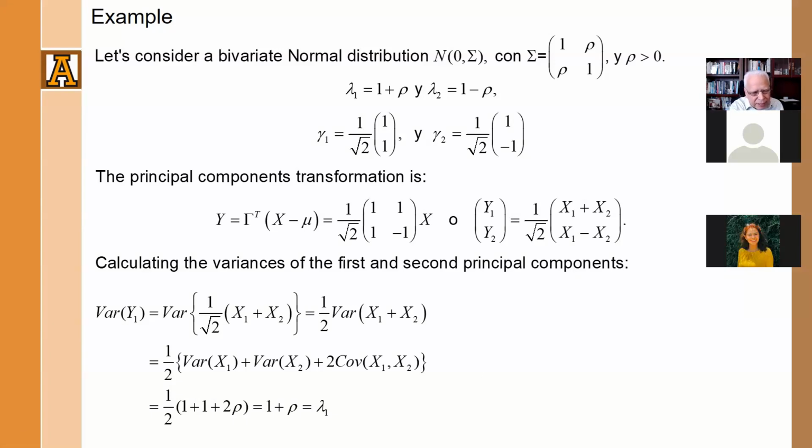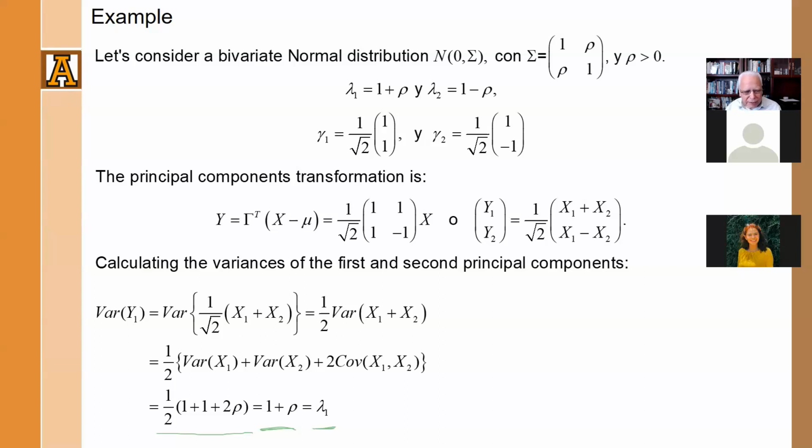And we know that the variance of x1 plus x2 is the variance of x1 plus the variance of x2 plus 2 times the covariance of x1 and x2. Since we know the variance covariance matrix, that's equal to 1/2 times 1 plus 1 plus 2 rho, and that gives you 1 plus rho, the first eigenvalue, right?